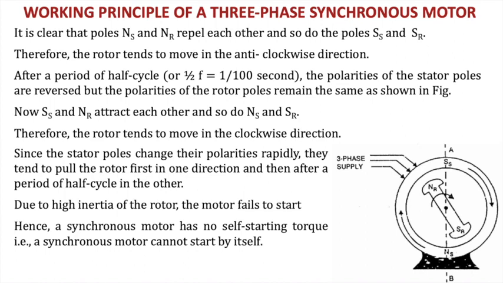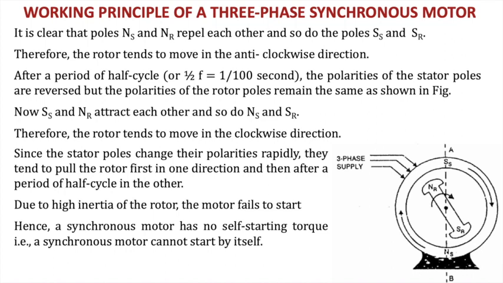But the stator again changes its position, and the rotor is not able to change automatically, because after every half cycle there is a change of polarity of the stator poles while the rotor poles are stationary. So it doesn't rotate on its own, and due to its high inertia the motor fails to start.